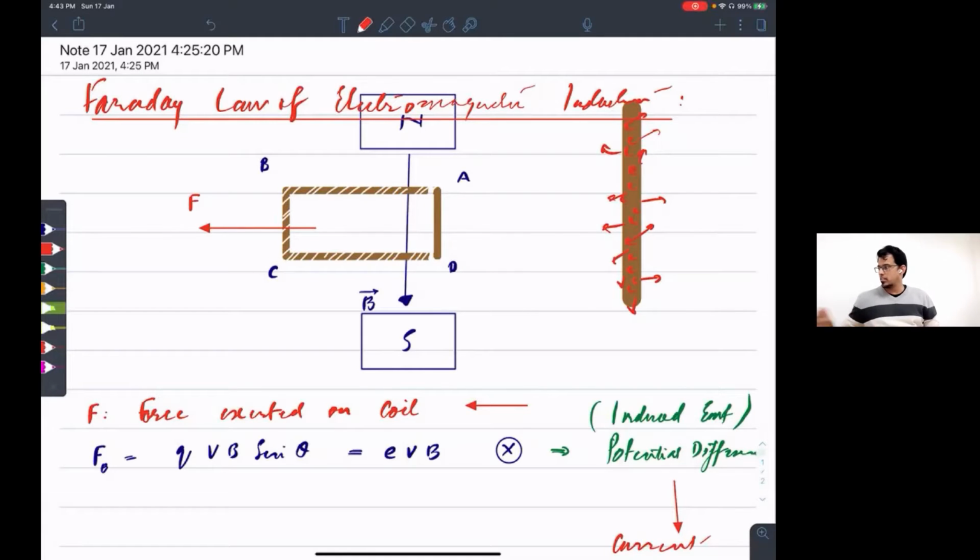I'm confused. Okay, see, the thing is, for example, let's say this is the coil, right? When I pull it, this is side AB. Electrons are in this side, which are moving in random direction. But when I pull it, this conductor feels a force from this end to this end.